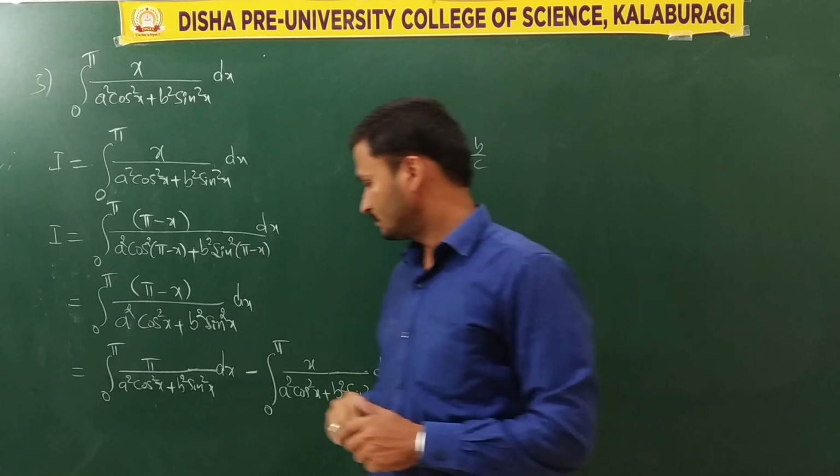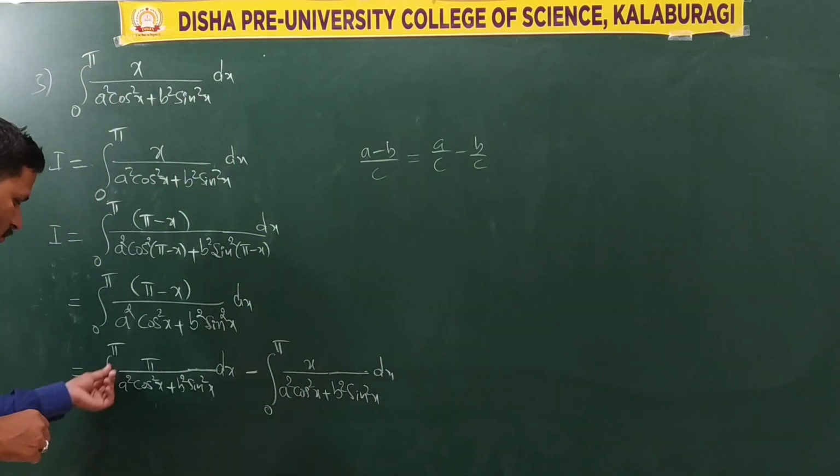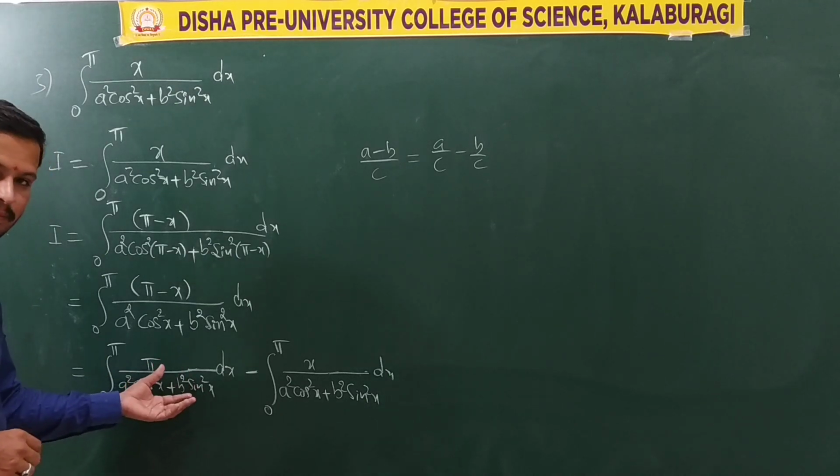Okay? Then the next step: 0 to pi of pi divided by a square cos square x plus b square sin square x, keep as it is.